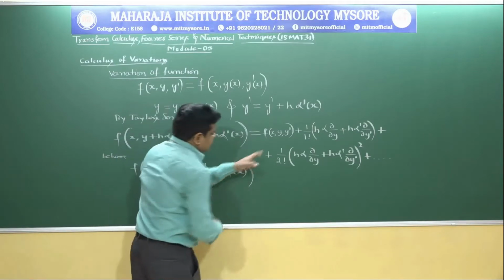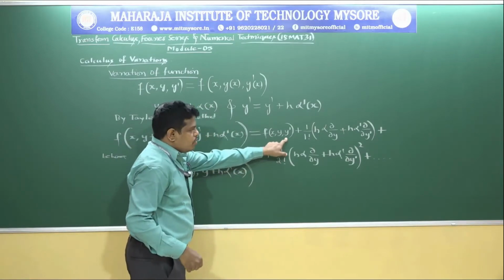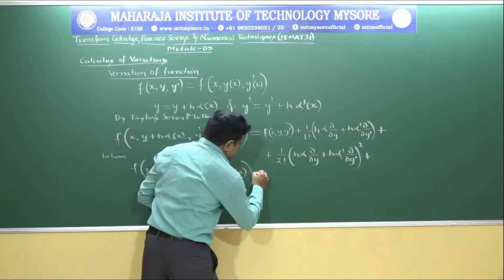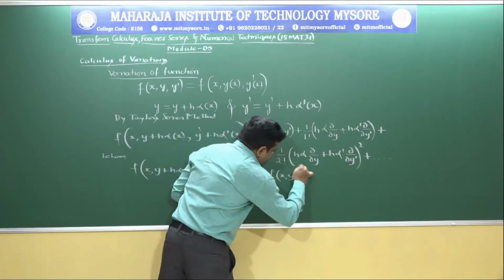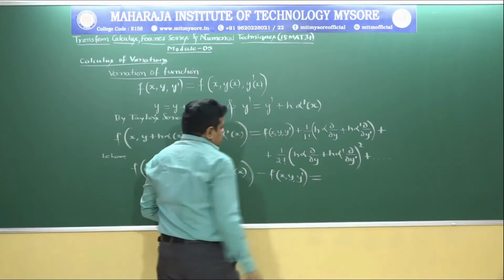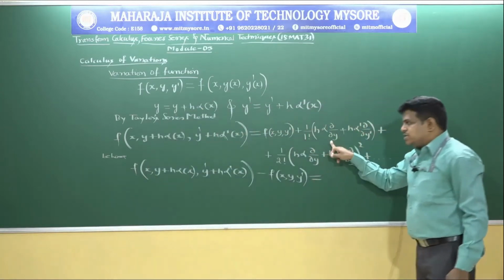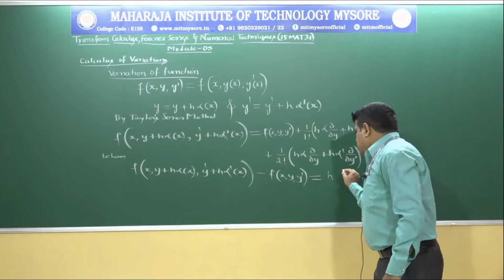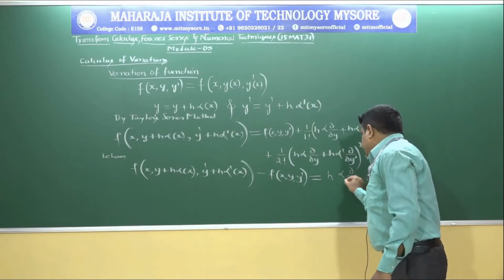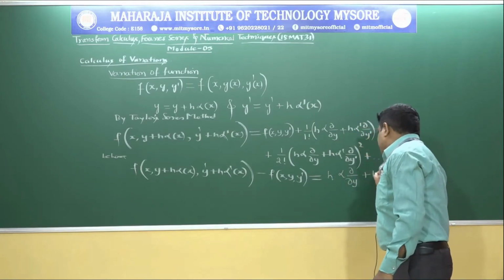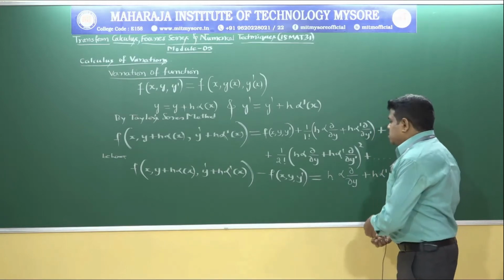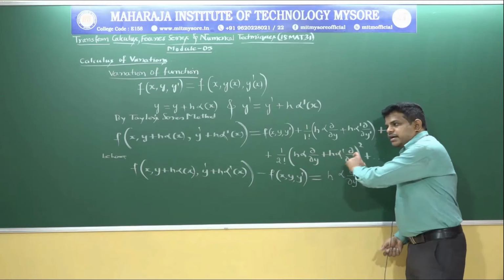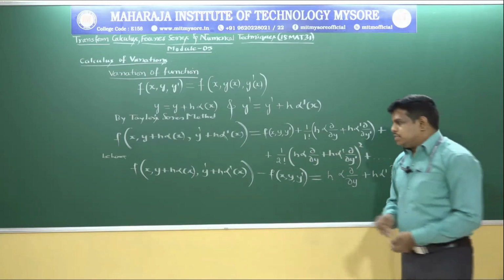Shifting f of x comma y dash to the left hand side, it becomes minus f of x comma y dash equals h into alpha into dou by dou y plus h into alpha dash into dou by dou y dash, since we are neglecting the second and higher degree terms.